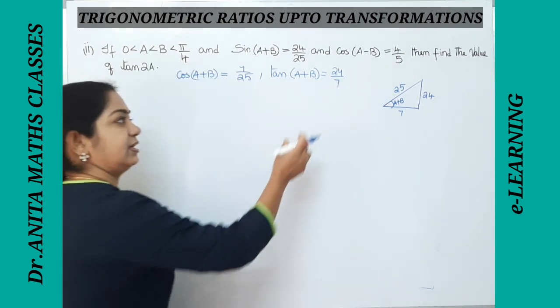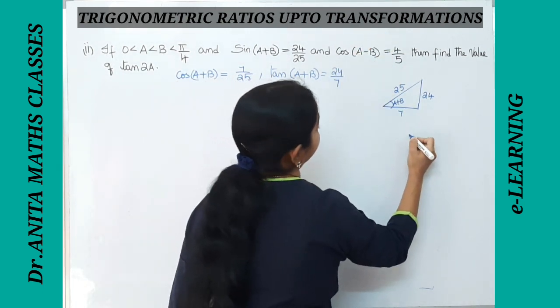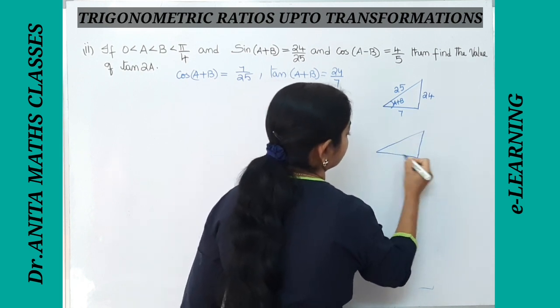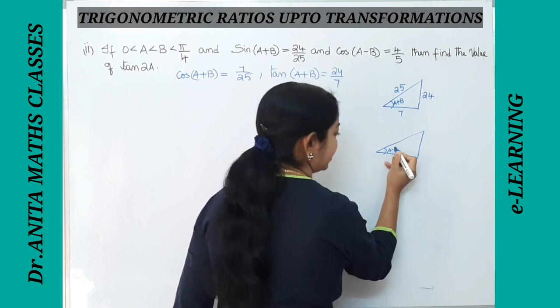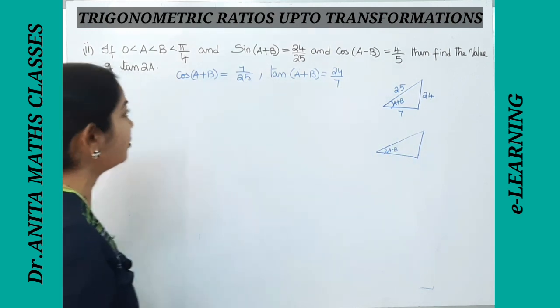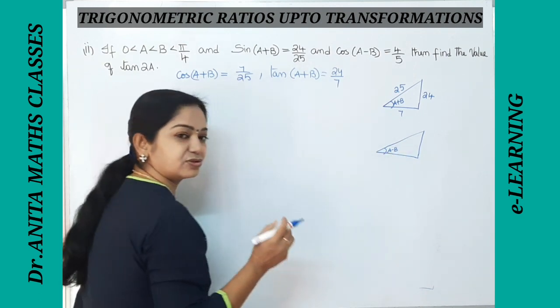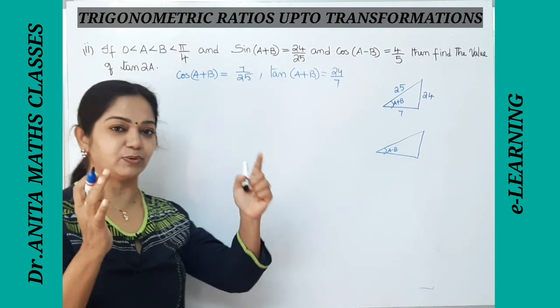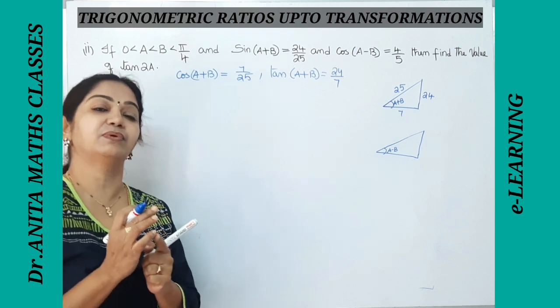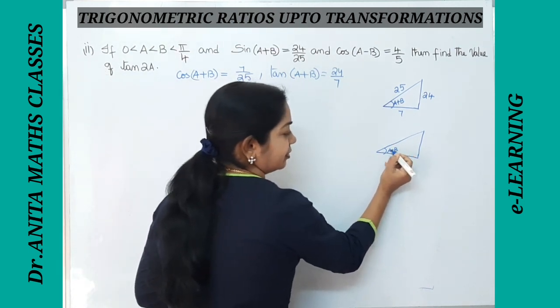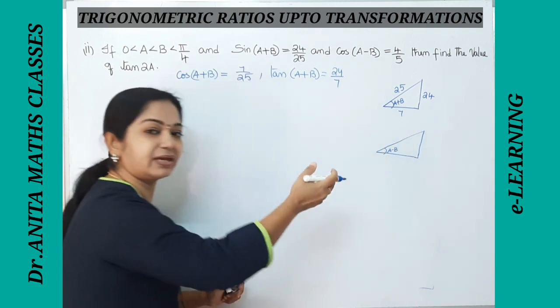Likewise, I'll suppose A minus B as one angle. Let us take A minus B as one angle. And also we know that A value is less than B. So if you suppose A minus B value, that will be a negative value, because B is greater, a smaller value taken from a greater value.